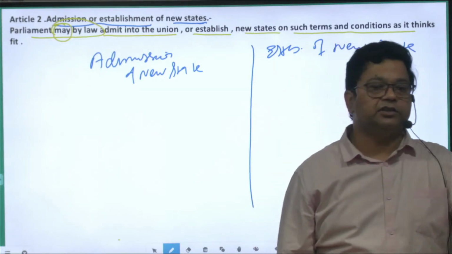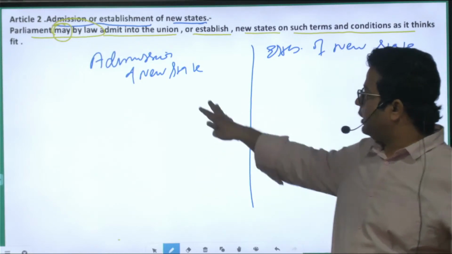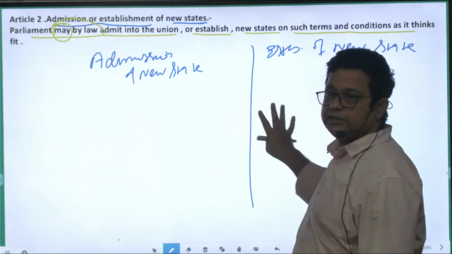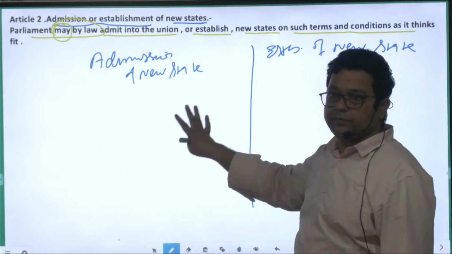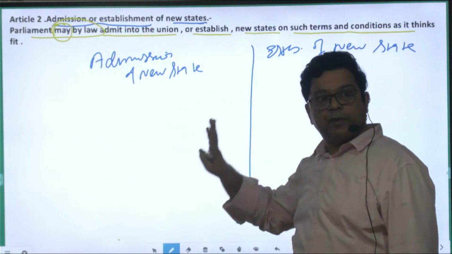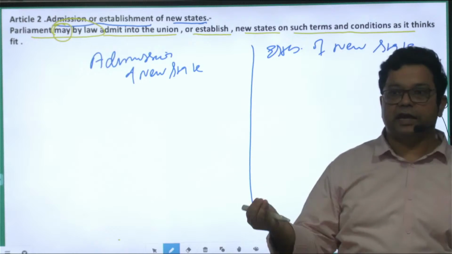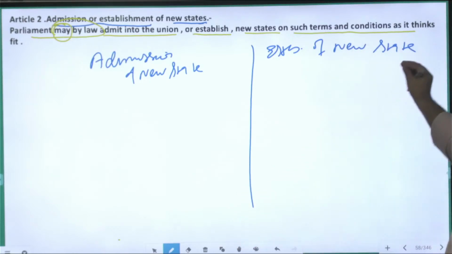Right? So now we'll understand what it means. So here we have seen admission of the states and establishment of the state. So it is a parliament. Now parliament has a power to decide the conditions, to decide the terms, rules, regulations while establishing or administrating any states into the union. Yes or no? Right?